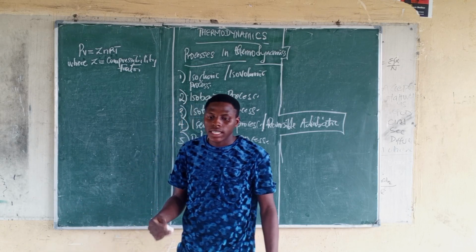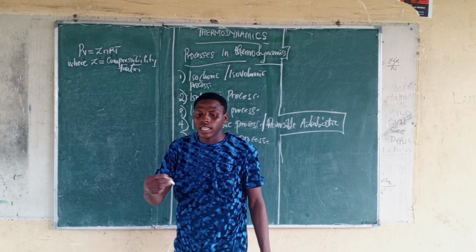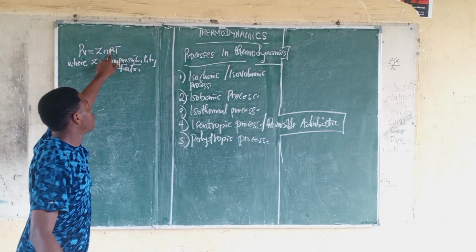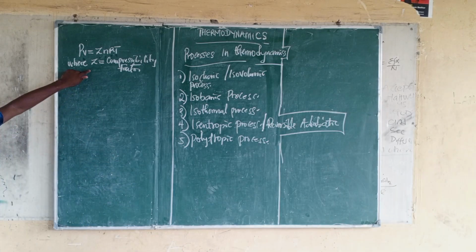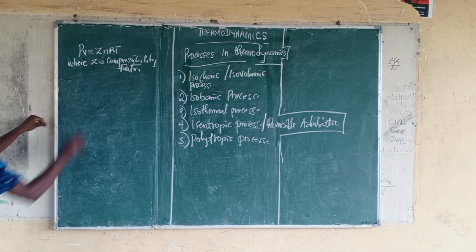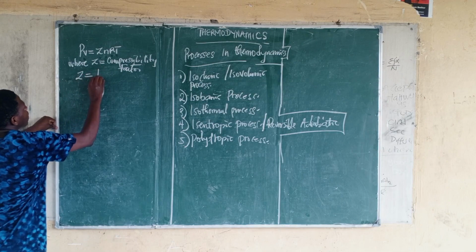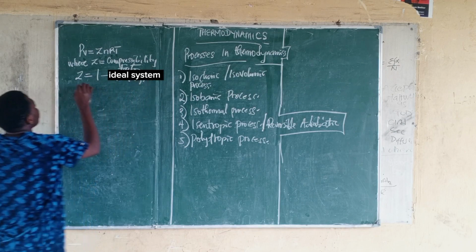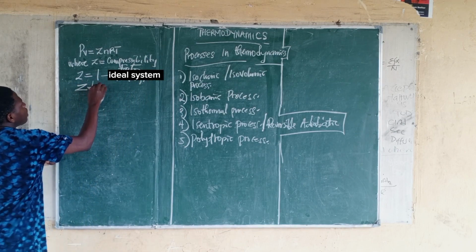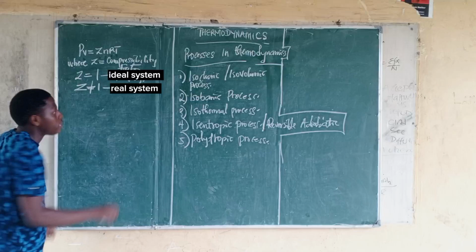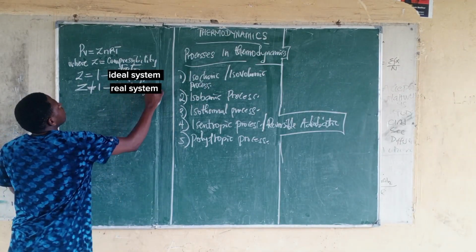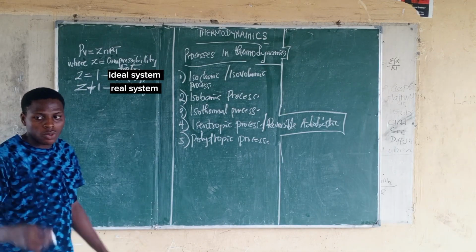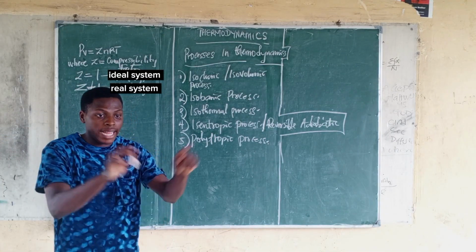When the compressibility factor Z is equal to 1, then it is an ideal system. But when Z is not equal to 1, then it is a real system. But in thermodynamics, we are interested in the ideal system.